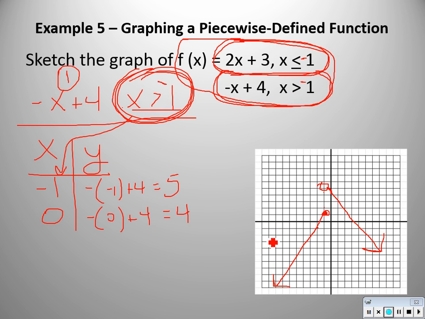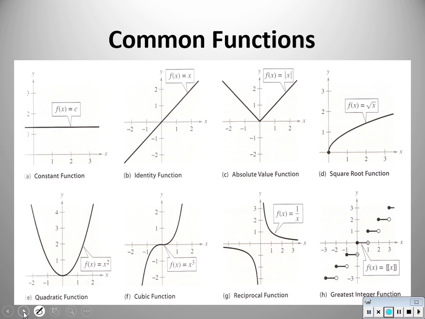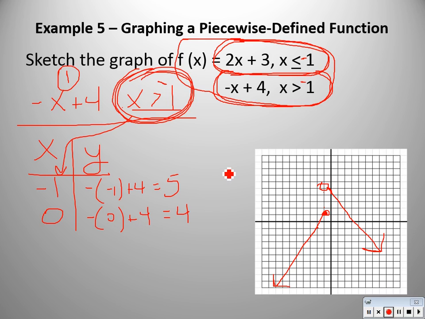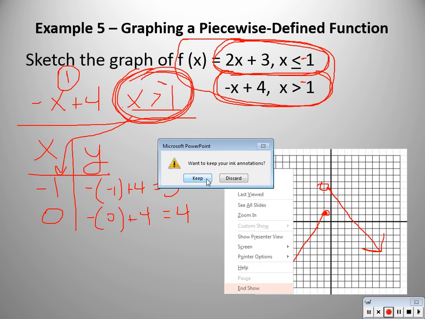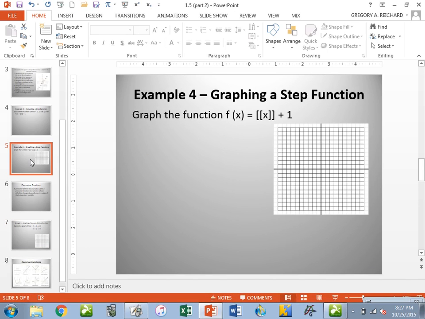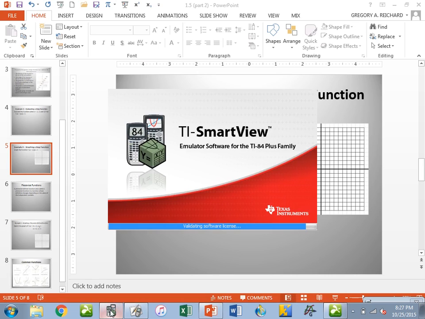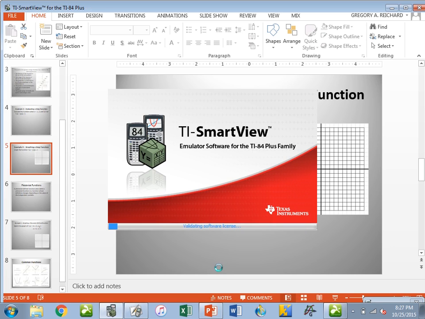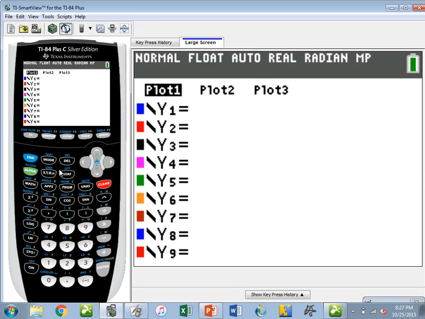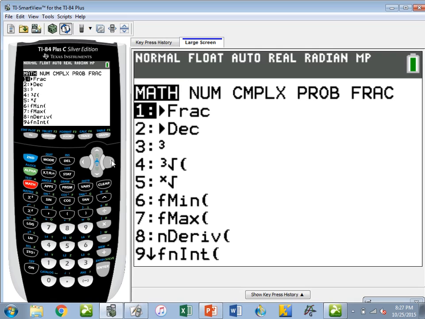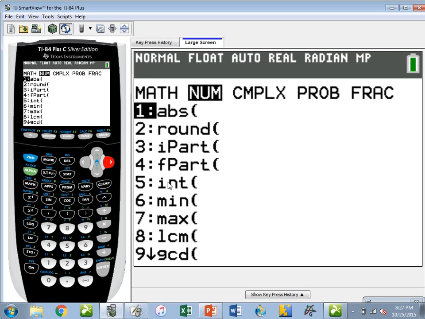So one of the things that I wanted to show you with each one of these graphs was how you can use your calculator to check these. So if I come back to the step function, the greatest integer function of x plus 1, if you take your calculators and you go to y equals, let me sort of clear this out here, and you go to math, and you go to number, and you go to number 5, and where it says integer, that's the greatest integer function.